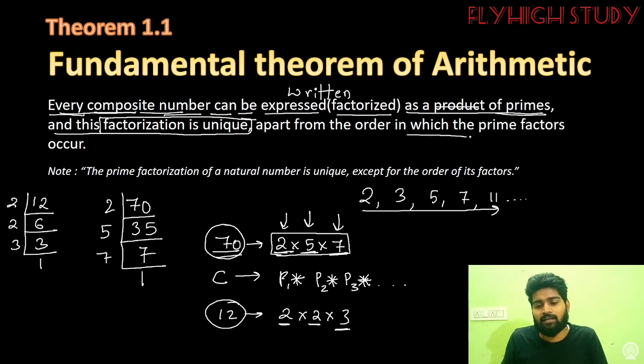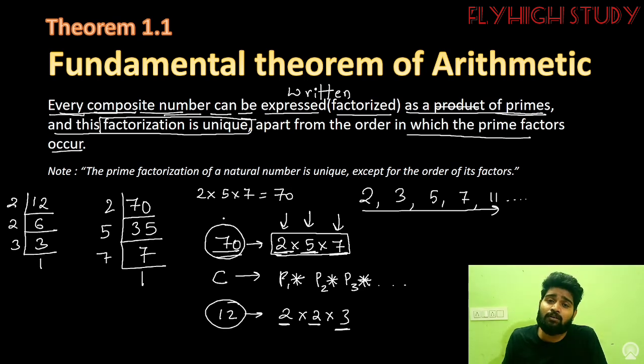Apart from the order in which the prime factors occur, the order doesn't matter. 2 into 5 into 7 is 70. If I change the order, like 5 into 7 into 2, will you get some other number? No, you will get the same number, 70 only. Right?